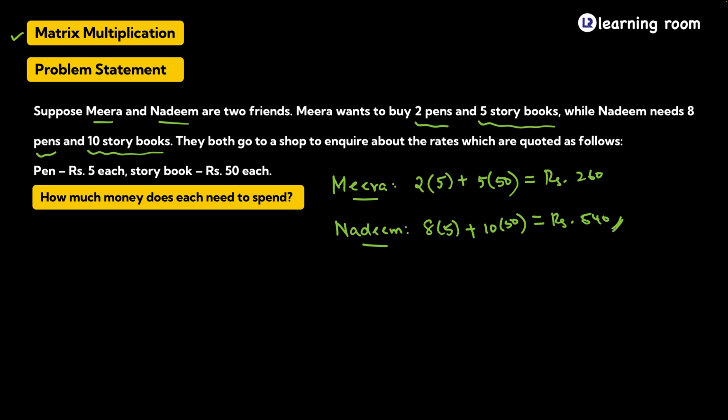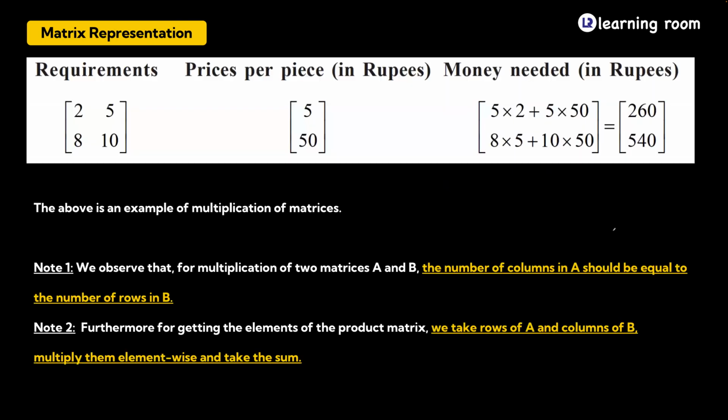For that, we need to have an idea of how to write it in the matrix format first, right? So how are we going to write it? If you see the matrix representation, first is the requirement, that is a quantity. Then price per piece in rupees and money needed in rupees. So what is the number? 2 pens, 5 storybooks.